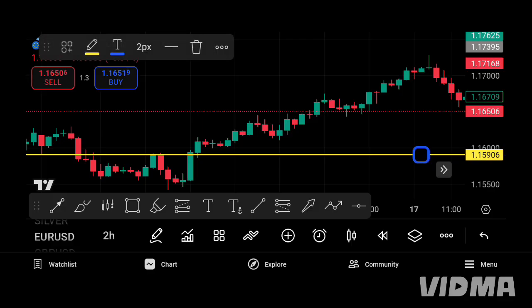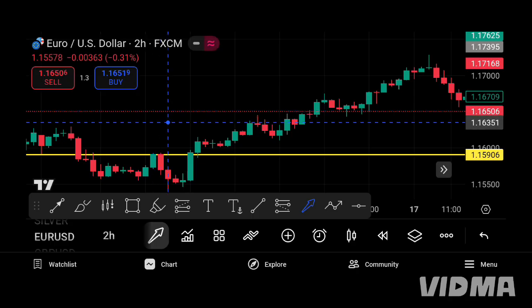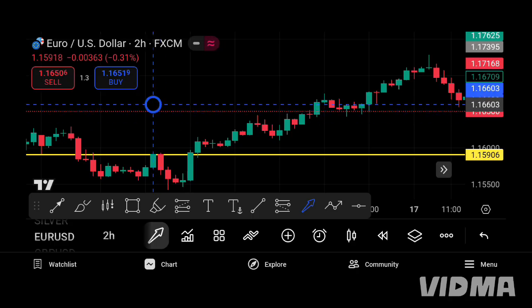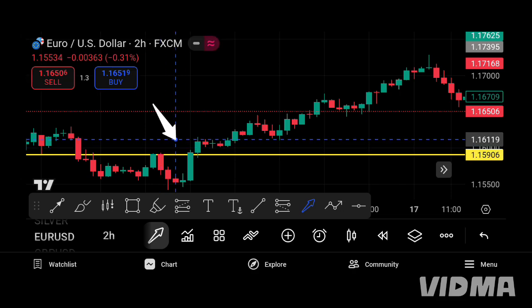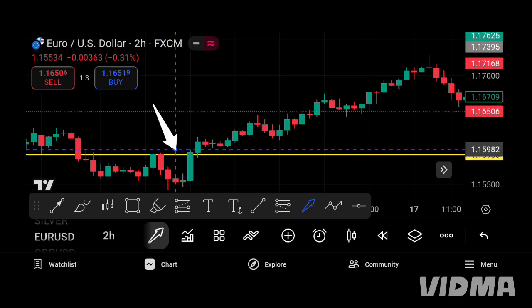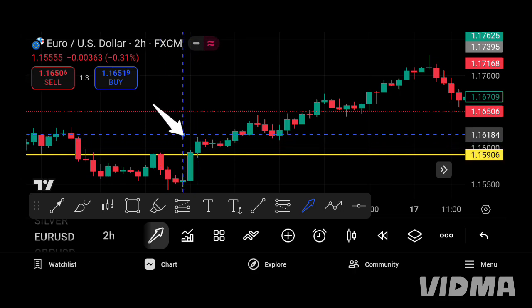We broke structure here. Hope all of you know what we call break of structure. Here, these two candles, the blue one and the red one, I have put this line. The market broke structure.